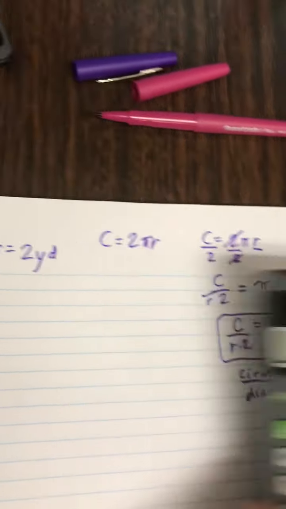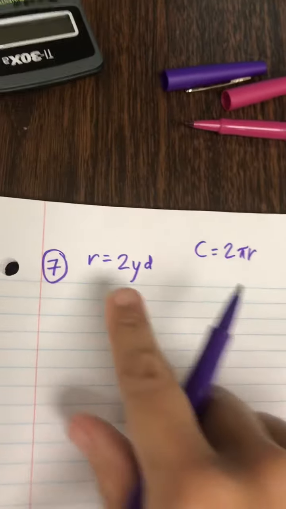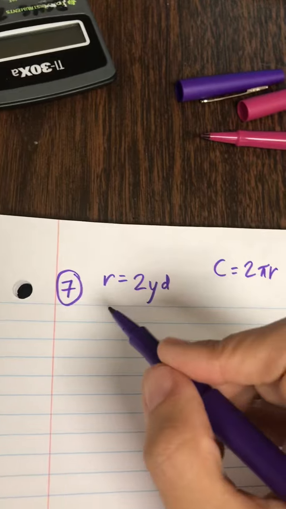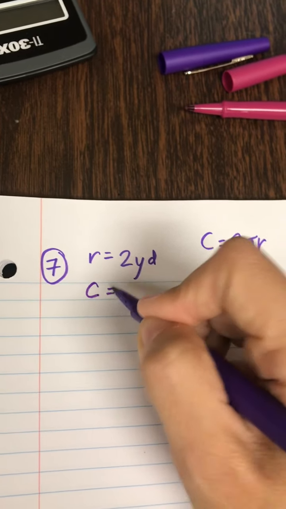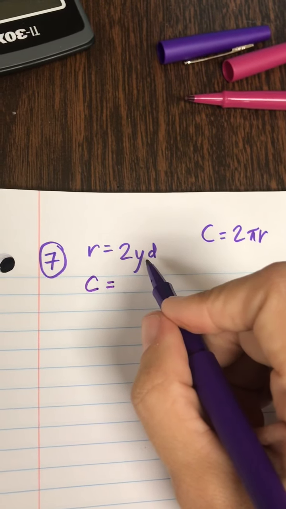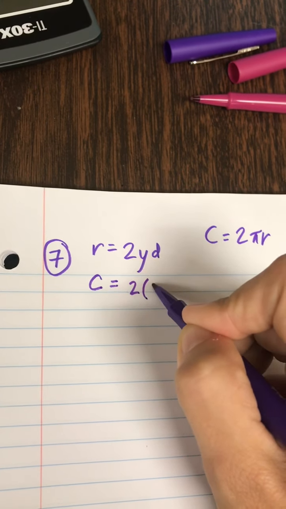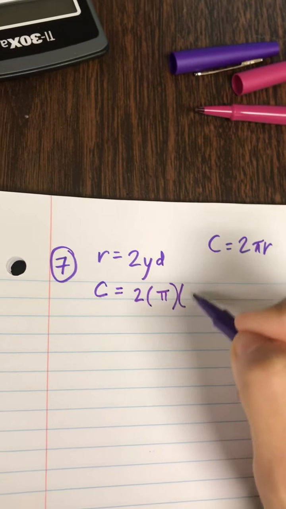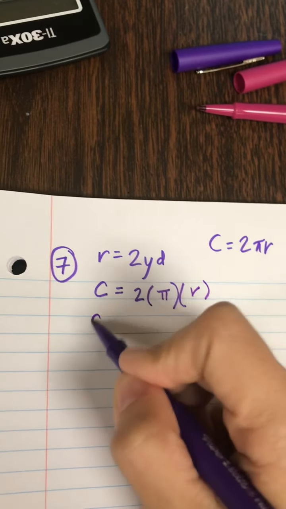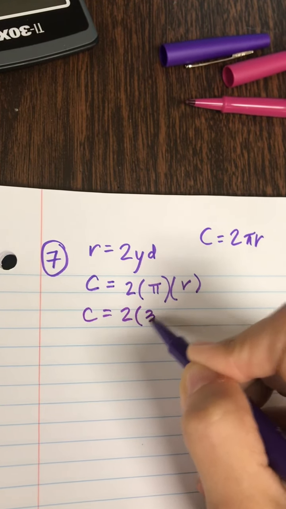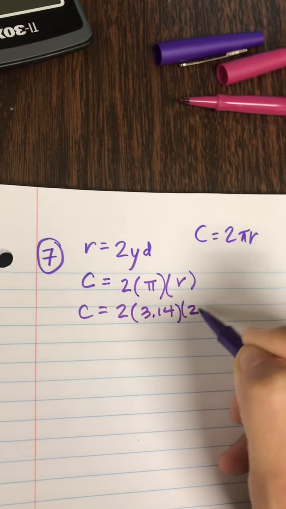Using that concept, I'm going to find the circumference of number 7. The circumference of something that has a radius of 2 yards would be 2 times pi times the radius. So the circumference is 2 times 3.14 times 2.